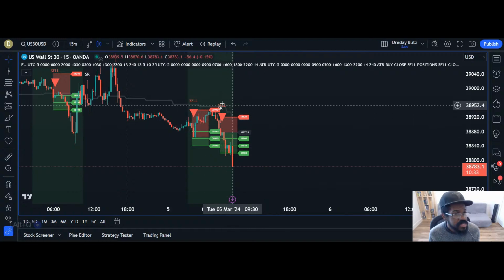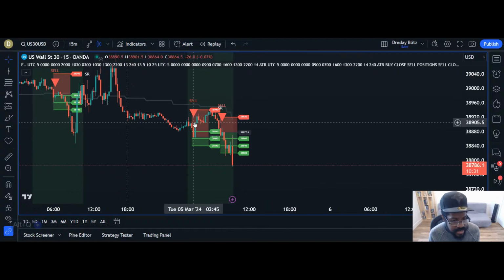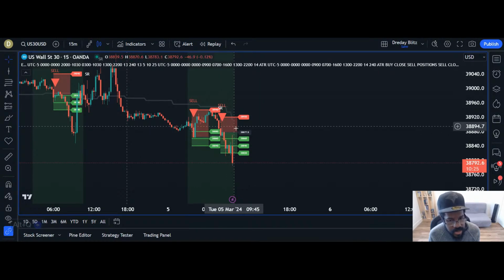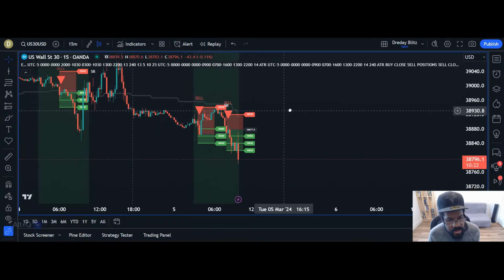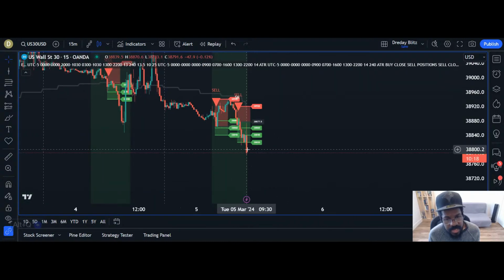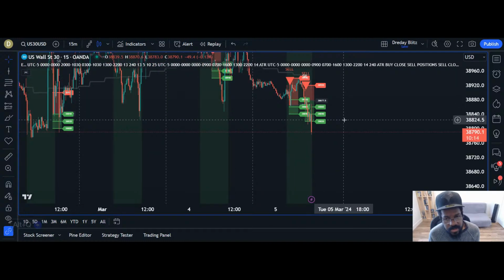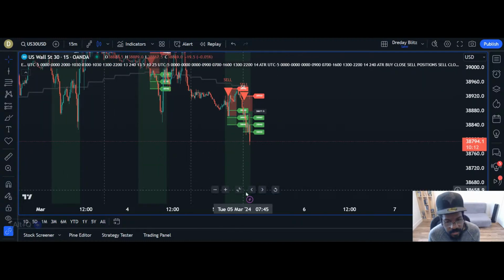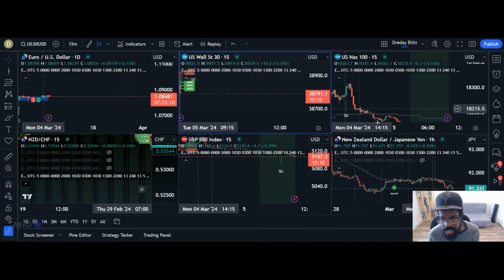We had two sell setups, one at London and another one that started in New York. That sell setup is currently hitting TP3 and smashing it, right at the start of the New York session.